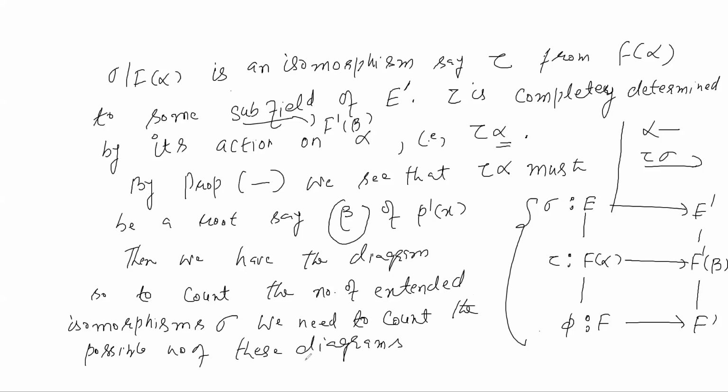We are getting diagrams corresponding to the roots of this polynomial p x. For every root you can do the same thing. Actually, you have to count the number of roots of the polynomial p x, and hence p dash x.